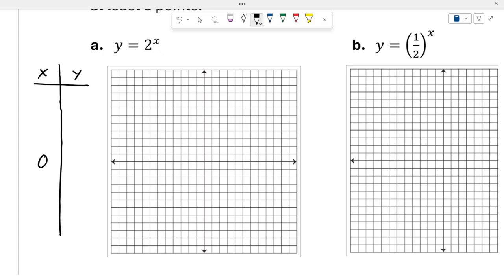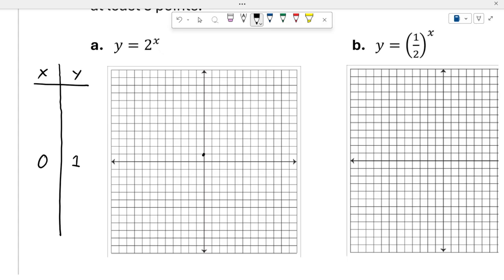When you plug in a 0 for x, the result is your y-intercept. So here you get 2 to the 0. Any number to the 0 power other than 0 itself is 1. We saw this way back in question number 1. So when I plug in a 0, I get a 1, so I'm right there.